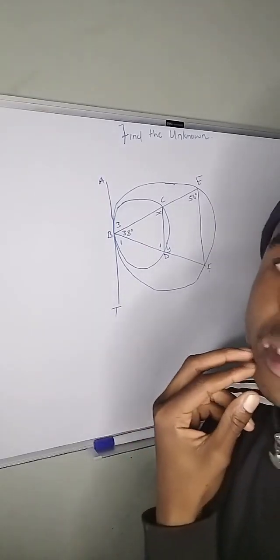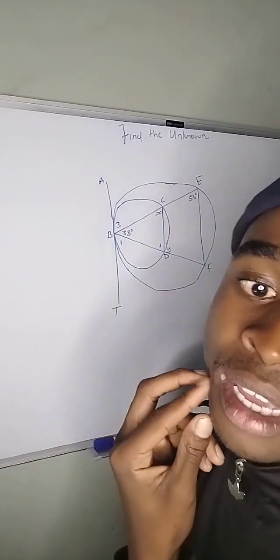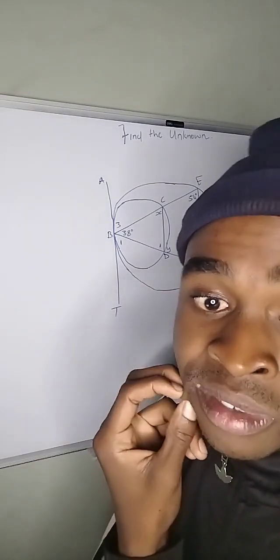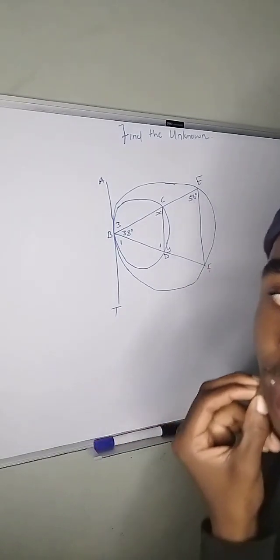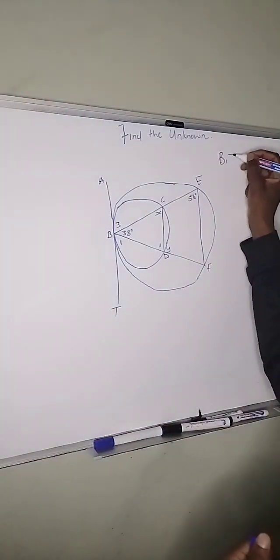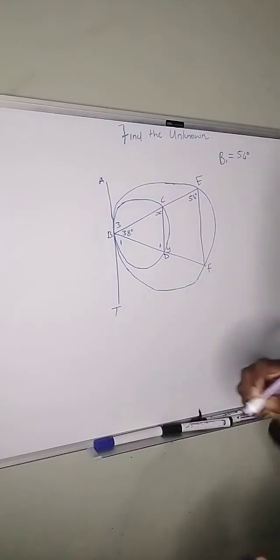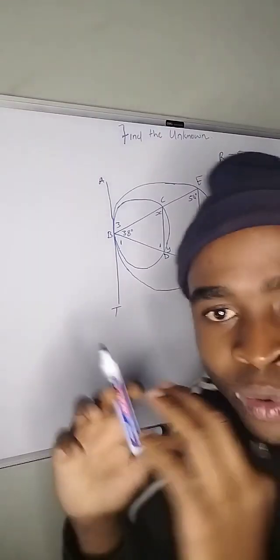Those who know it, give me the value. The ones who are a bit lost, I'm going to help you. So we are going to start by saying B1 is equal to 54, guys.